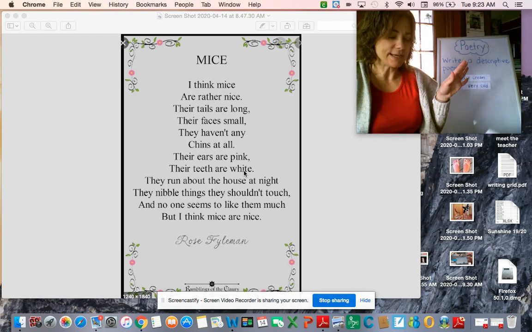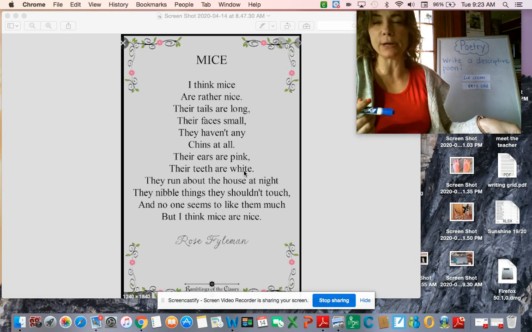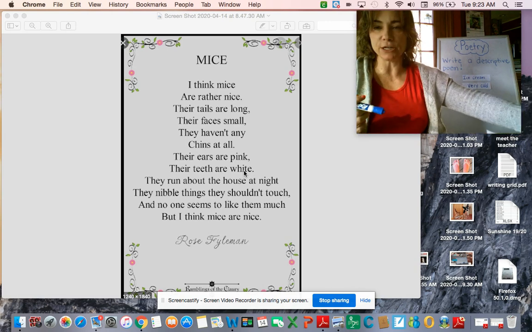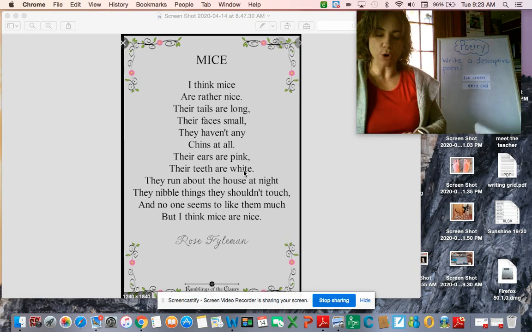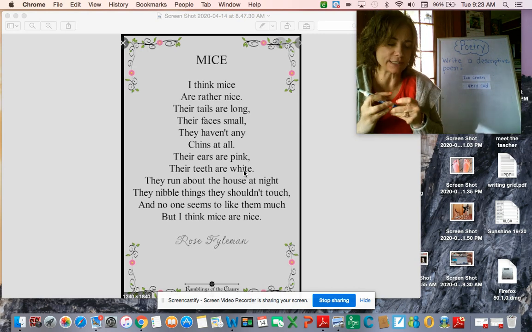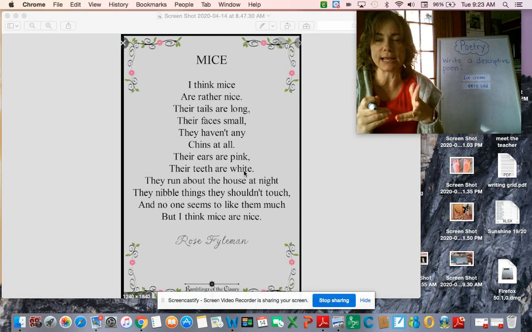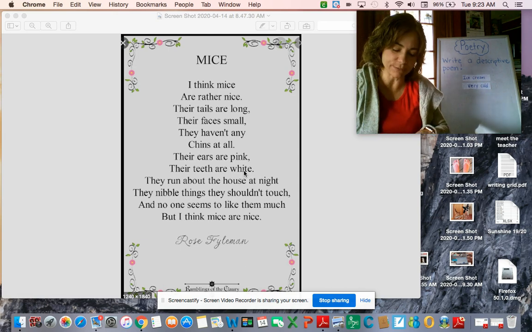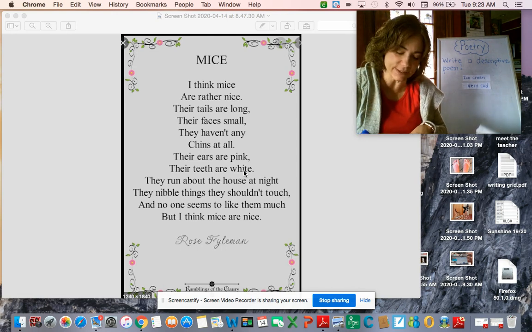Okay, now again, I want to think about how it maybe feels. I know I said it was cold. When I put ice cream in my mouth, I know it's very smooth a lot of times, especially the softer ice cream. So my next thing, I'm going to say how it feels, and it feels smooth.